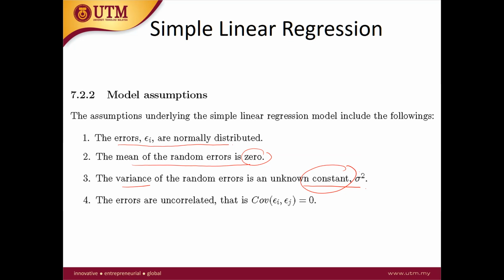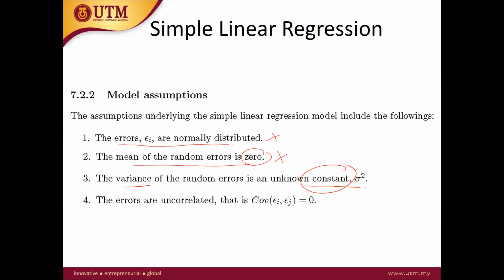Let's say, for example, the error is not normally distributed and the mean is not 0, though the variance is constant, but you still want to proceed with simple linear regression. You cannot proceed, or else you will get a misleading result.